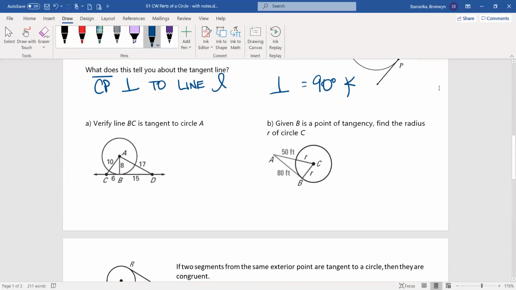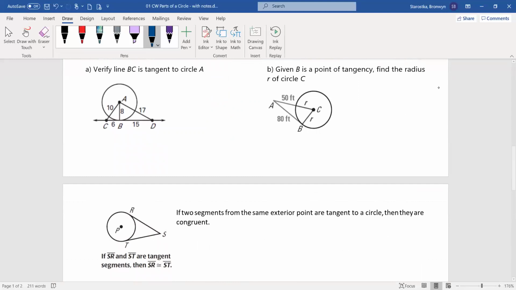So let's write it out. If BC is tangent, then angle ABC would need to equal 90 degrees.